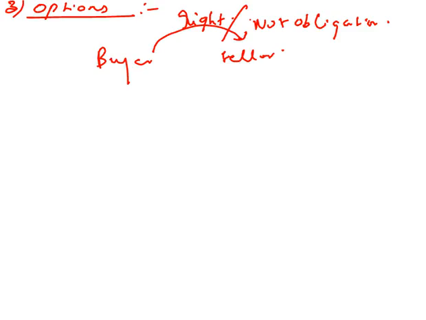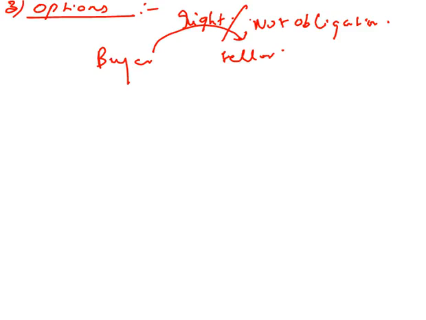So usually, one party gives to the other party the right, but not the obligation, to buy from the first party the underlying asset on or before some specific date, again at a predetermined price.